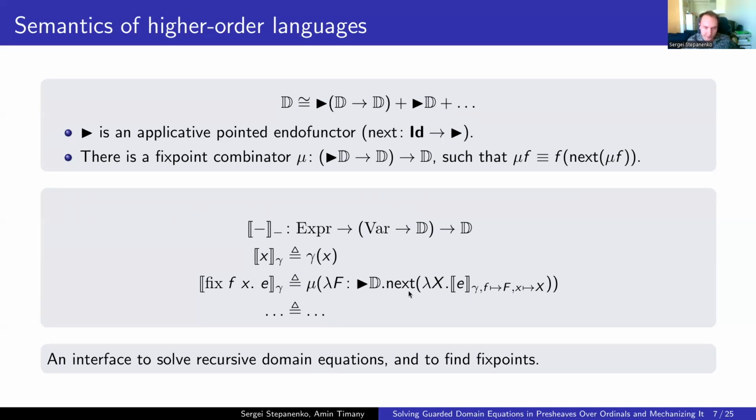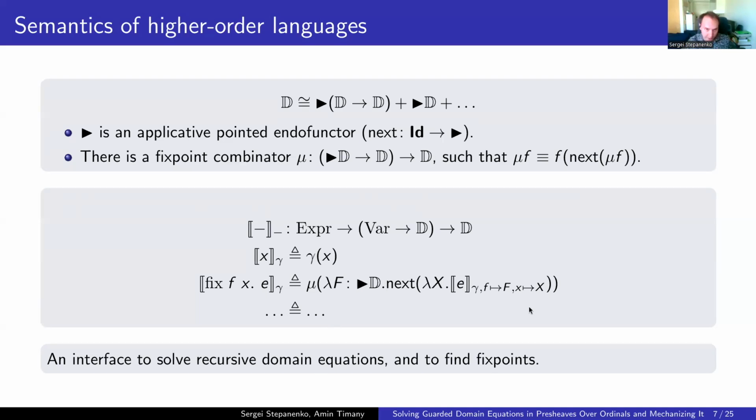And now if we, for example, consider application of fix f x e to some value v, then by the fixed point rule we can push the function outside, and by the applicative structure of later we can push the argument inside and do the expected application.